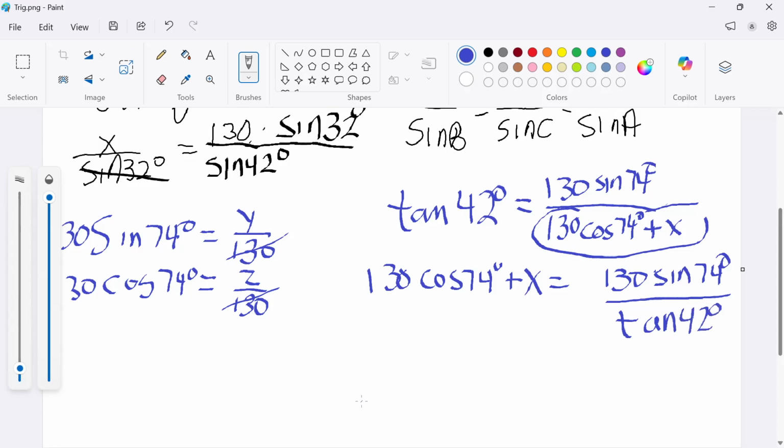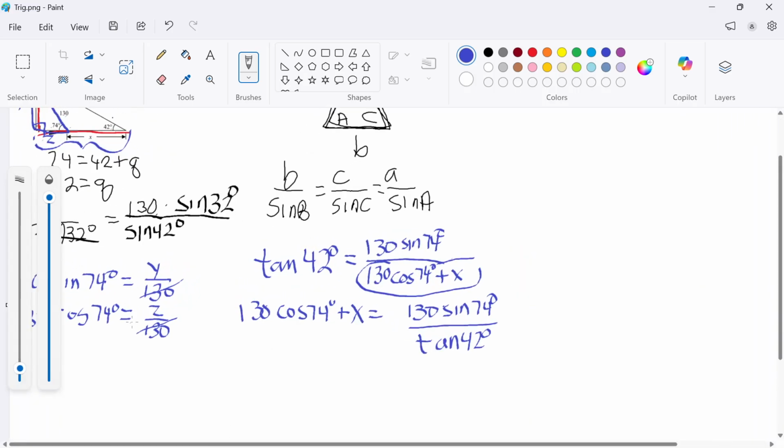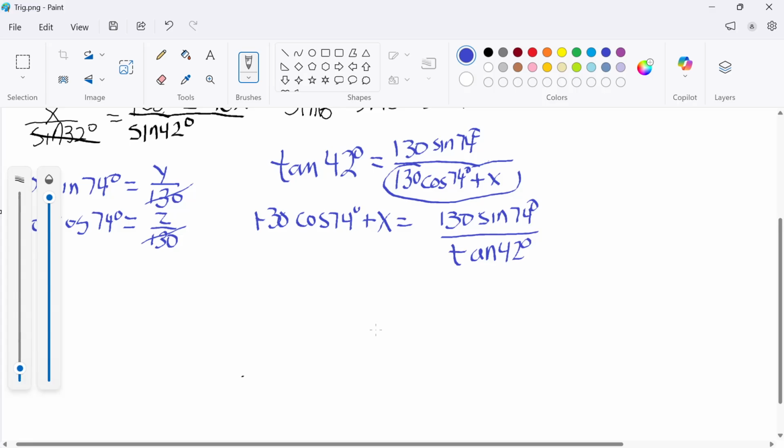And now I'm going to expand my canvas so I can fit this. I'm just going to subtract 130 cosine 74 degrees from both sides, and that will be what x is.